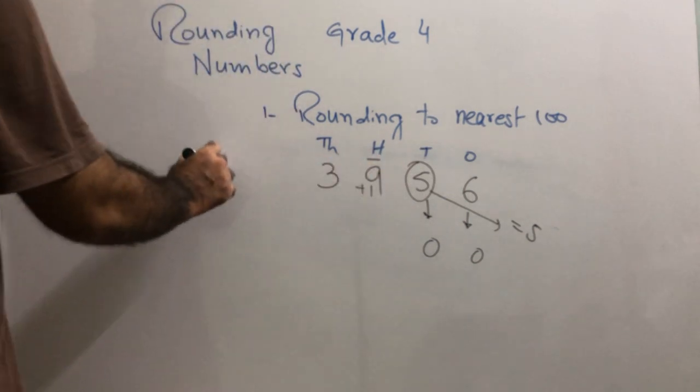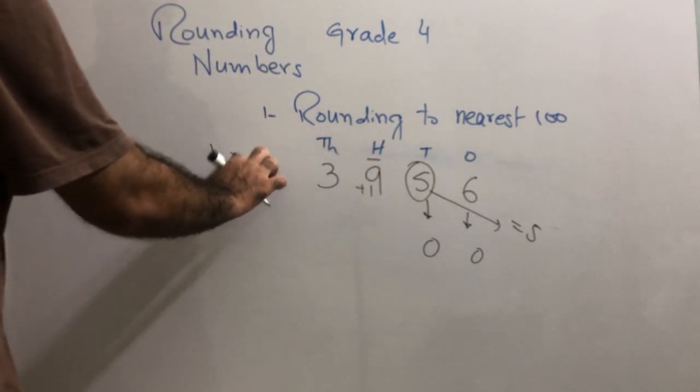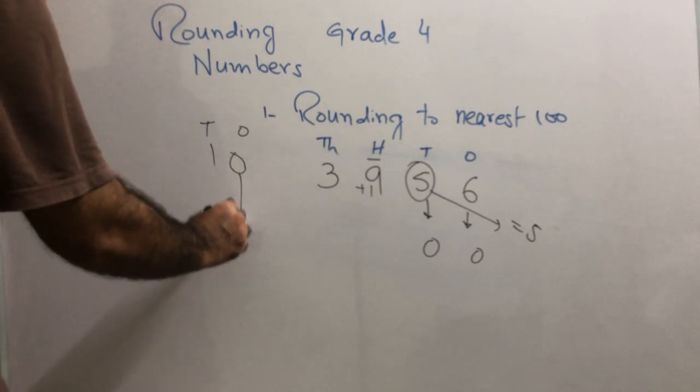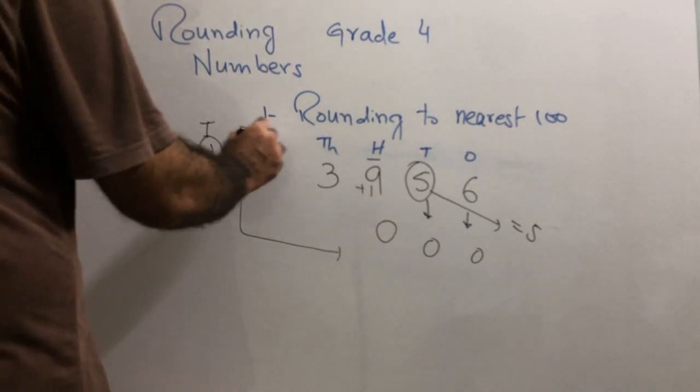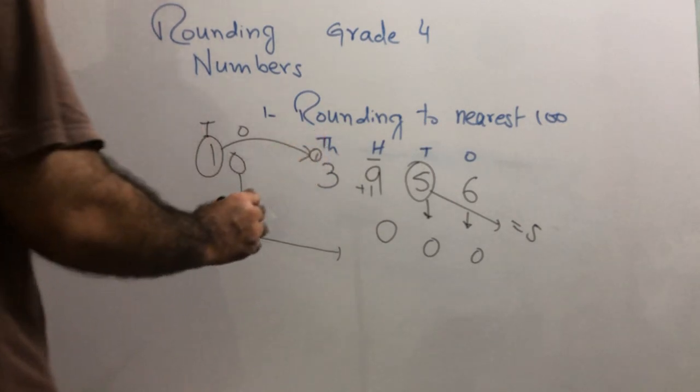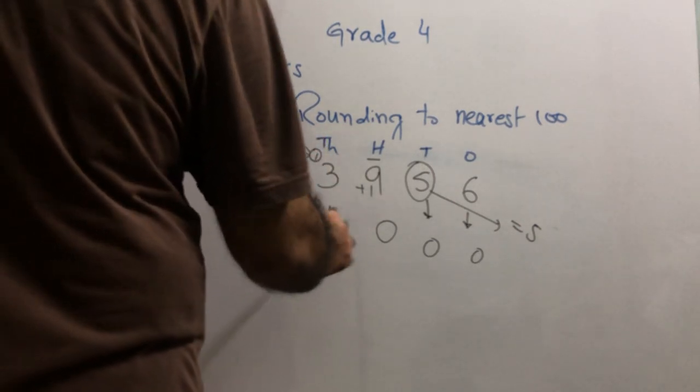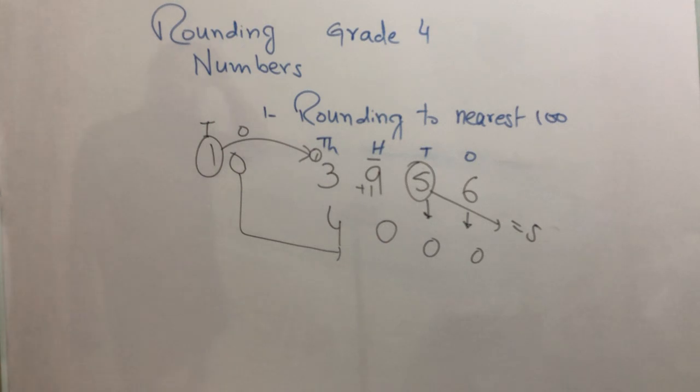It becomes 9 plus 1, 10. When we have 10 with us, this 0 takes place, and this 1 is carried forward to the 1000 place. 3 plus 1 becomes 4. So we get the number 4000. The original number was 3956, and when we decided to round it to the nearest 100, we got the answer 4000.